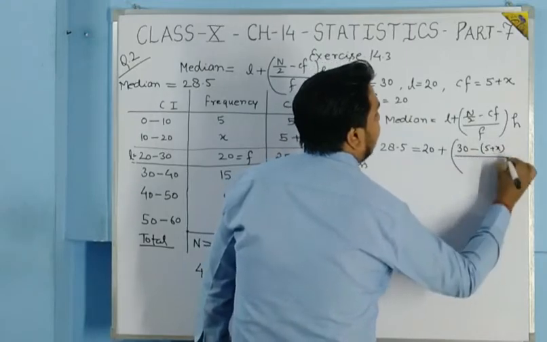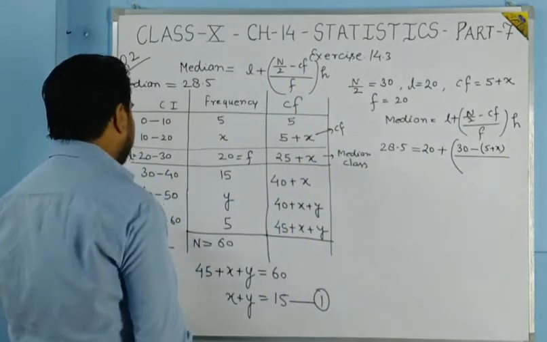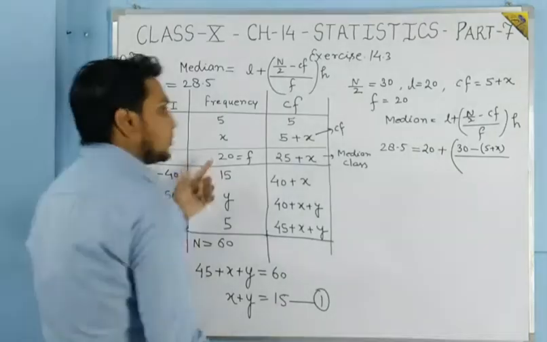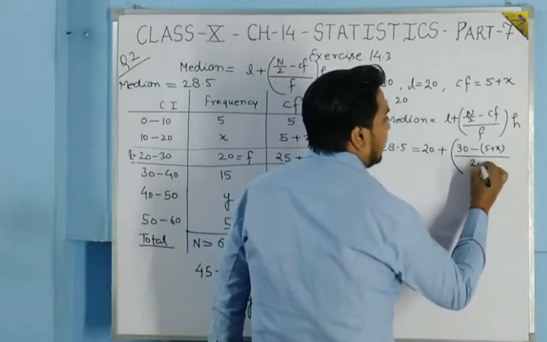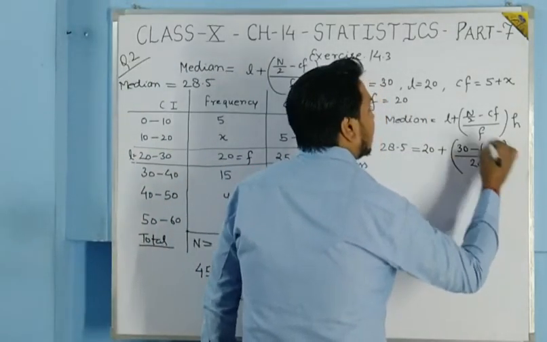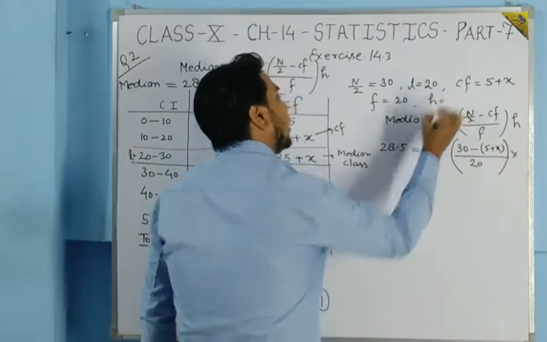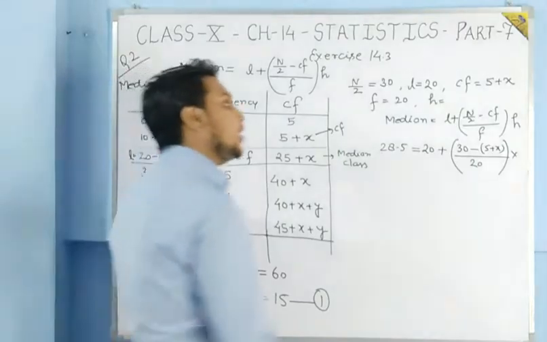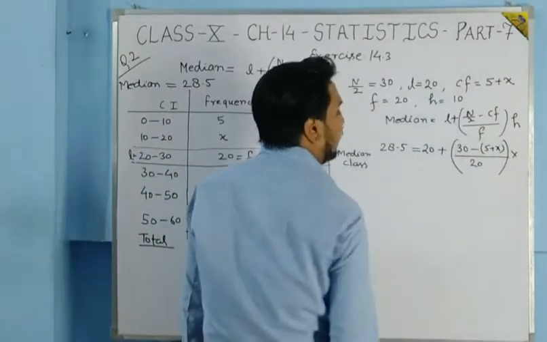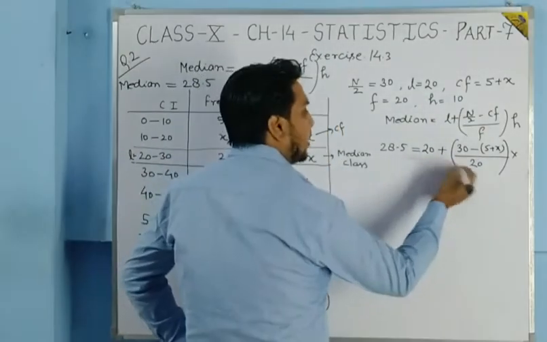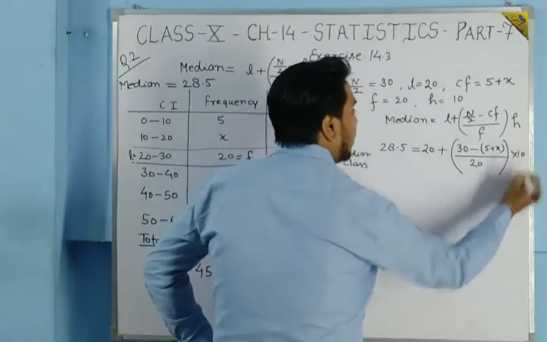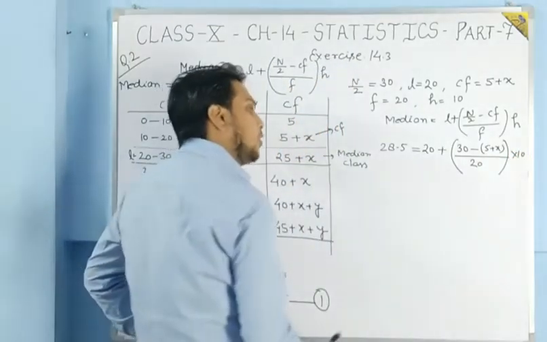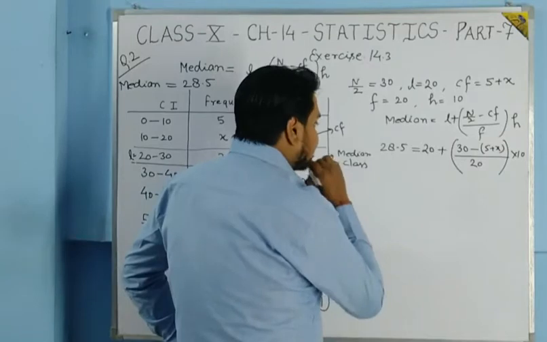Okay, and frequency is what, students? Frequency is 20. Here it is written frequency is 20, and the class size is, students, as you can see the gap is everywhere 10. Okay, so the class size will be 10. So students, we have to solve this equation. Okay, we have to solve this equation. How can we solve? Let us see.